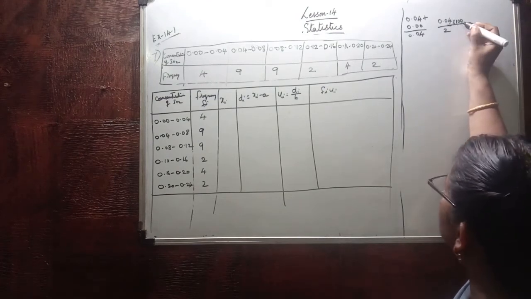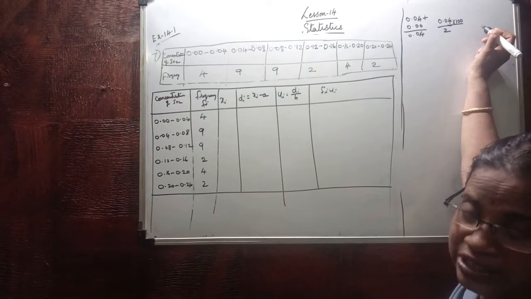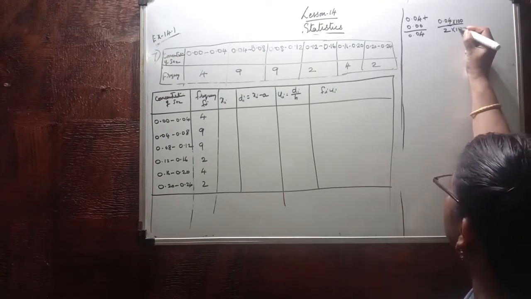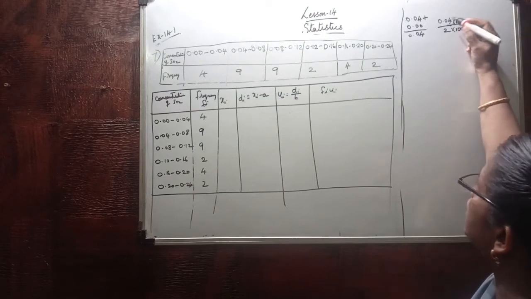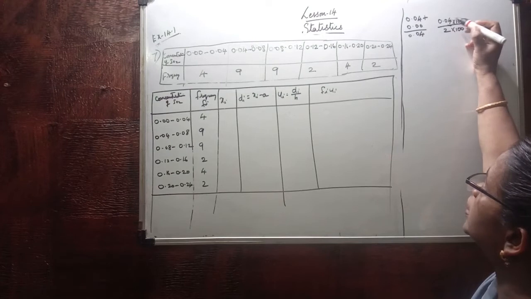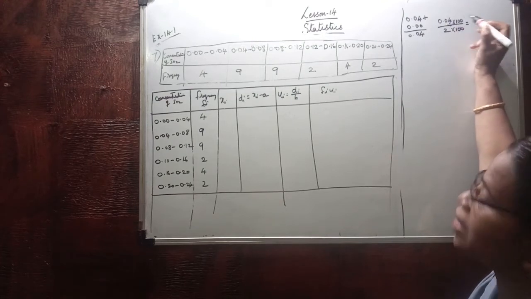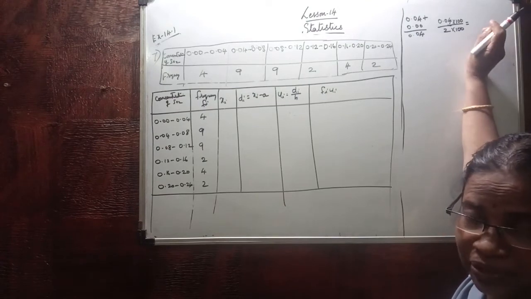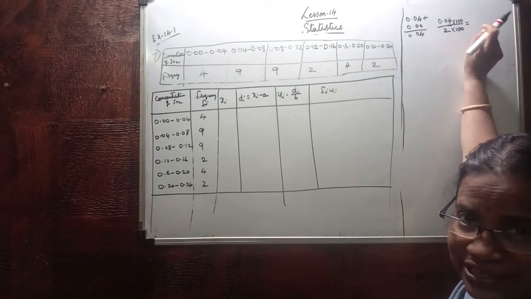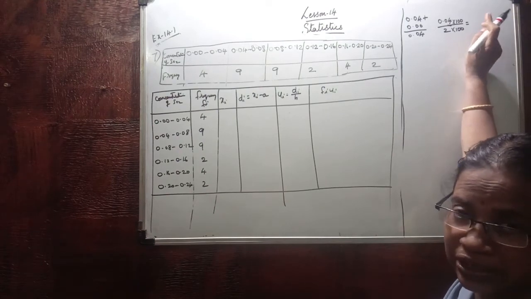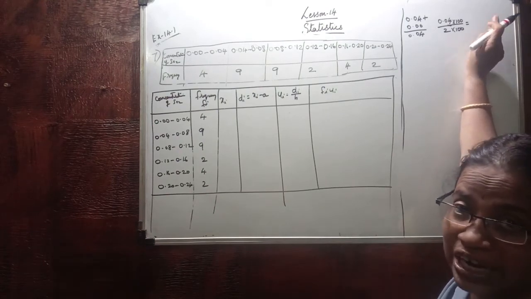So here, whatever you do in the numerator, the same thing you have to do in the denominator also. So into 100. Now look, here the conversion comes. Here 0.04 has 2 digits, right? Multiplication with 10, 100, 1000 means the decimal point will move to the right side. Division with 10, 100, 1000 means the decimal point will move to the left side.